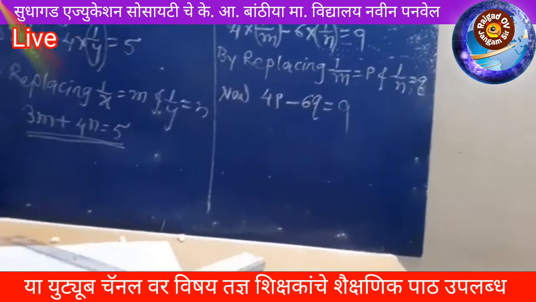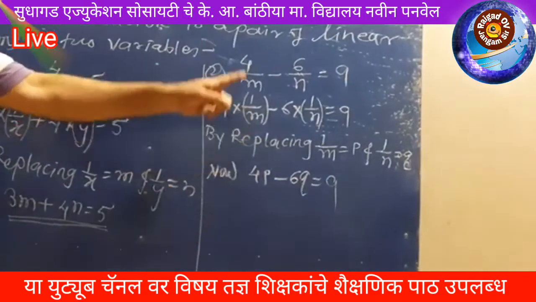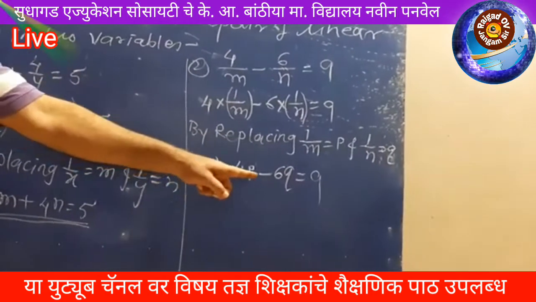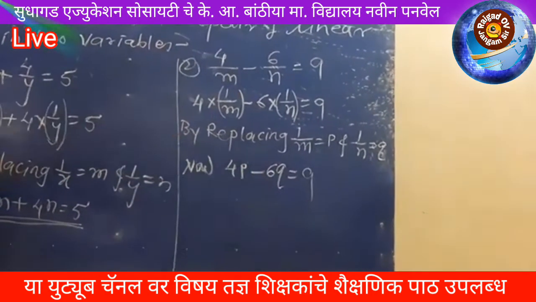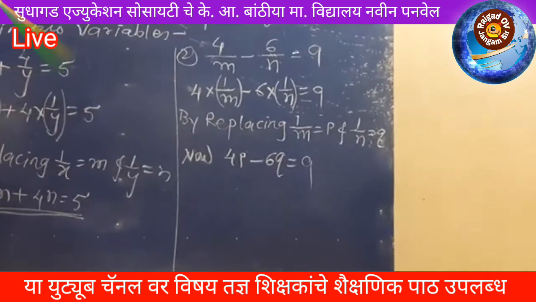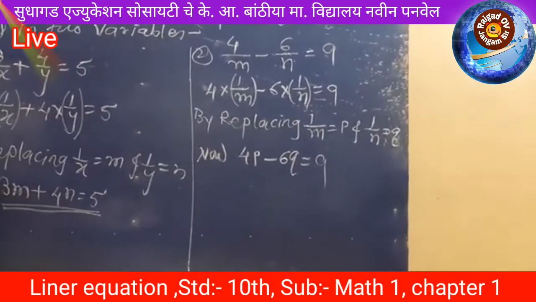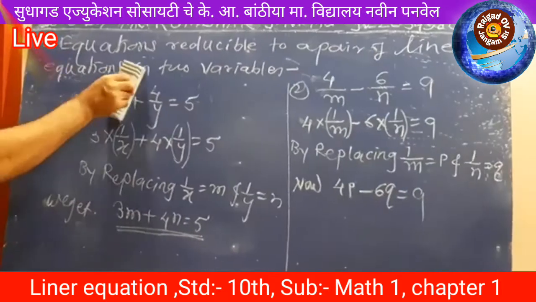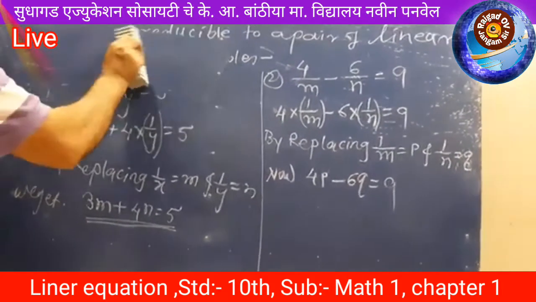This is the required linear equation in two variables. We can convert the given equation into the required form, and on the basis of this replacing we can solve some equations with the help of this conversion.